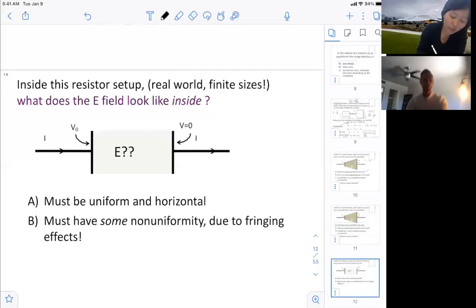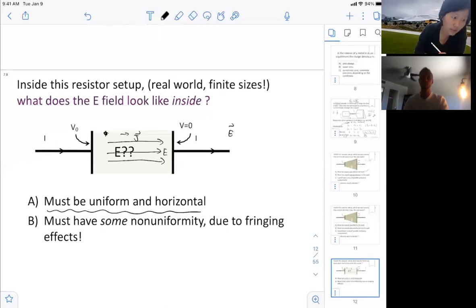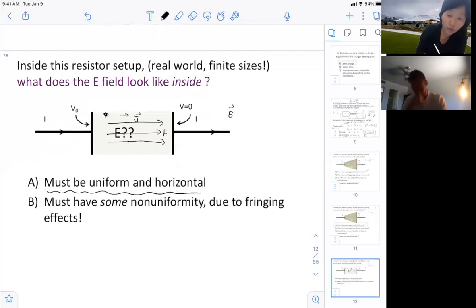Well, J cannot be perpendicular because your current should not be leaking out of your resistor. It should be parallel to the wall, and therefore E must be parallel to the wall as well. So if I assume E is uniform and horizontal like this, then you can write down a solution for your potential.